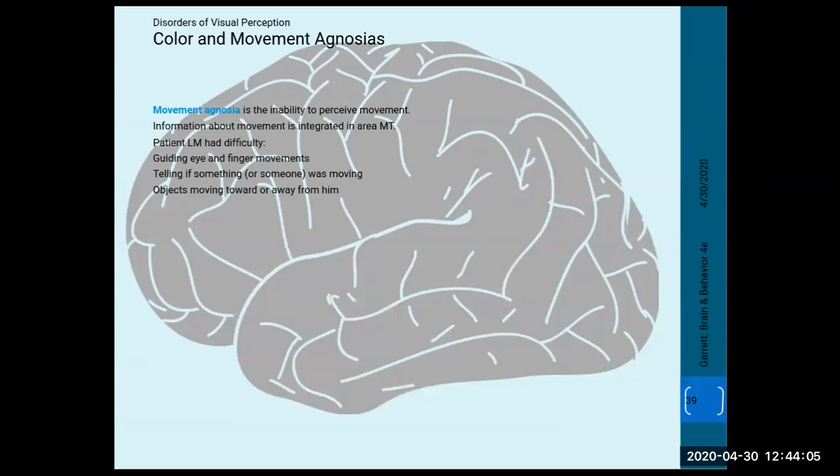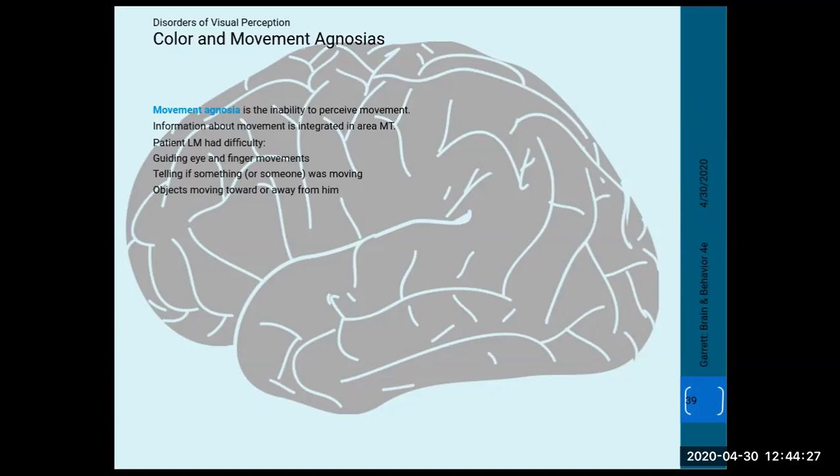So movement agnosia is the same thing, but the problem is in area V5 or MT. This is the inability to perceive movement. So that part of the dorsal stream, not the ventral stream in this case, the part of the dorsal stream that allows you to follow things with your visual field, especially with your eyes.